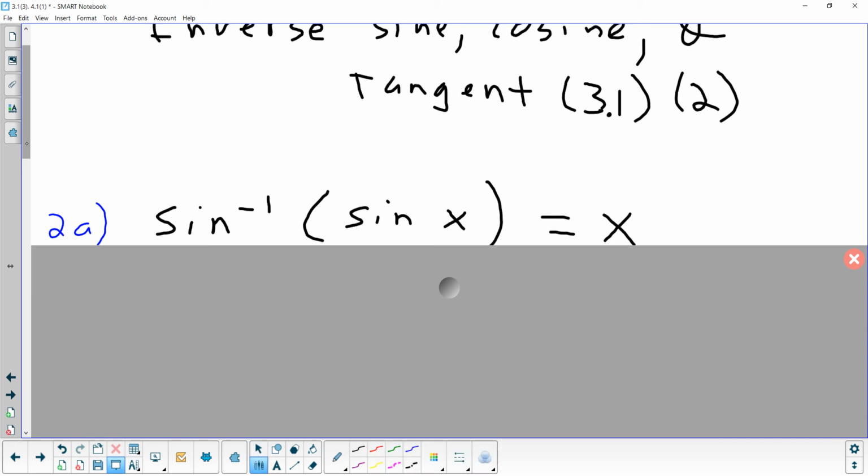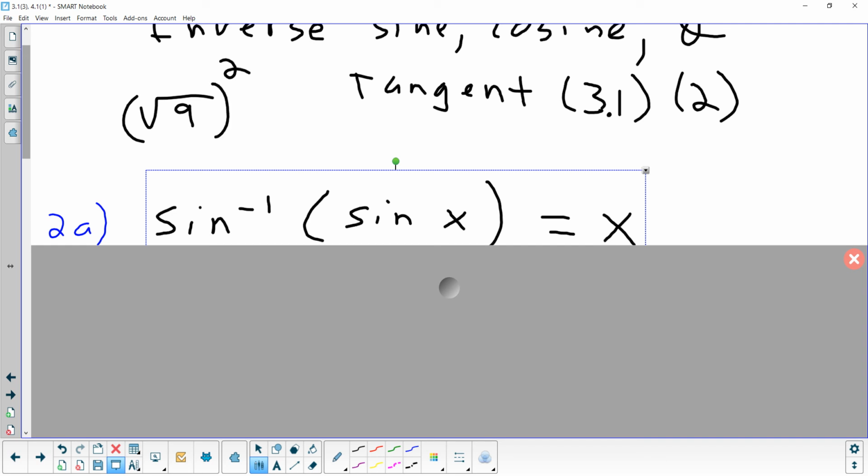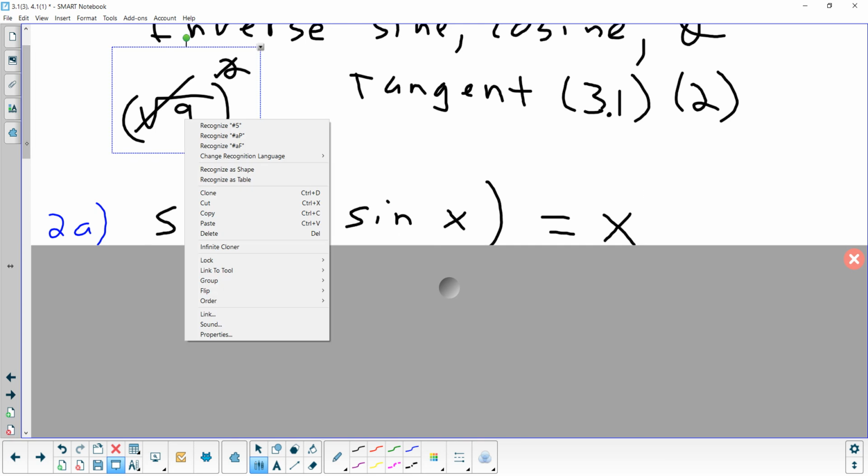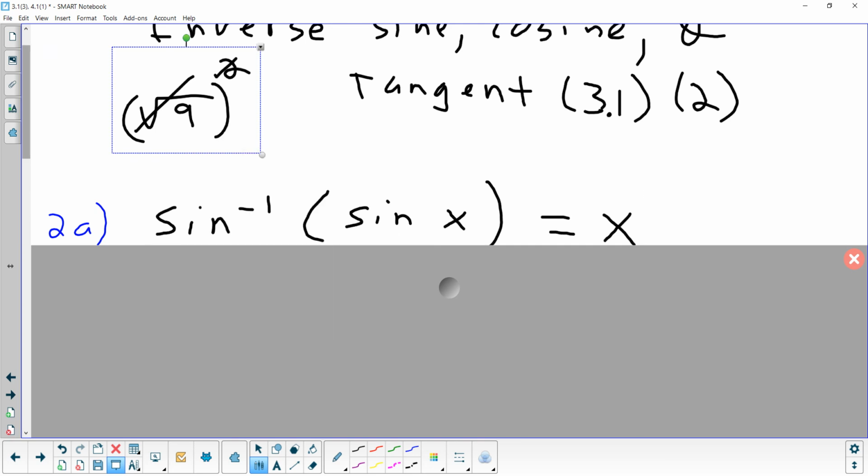So remember, we learned yesterday that if you do inverse sine and regular sine, it's kind of like if I said take the square root of 9 and then take that and square it. The square and the square root cancel each other out. And what you're left with is what you originally took the square root of, in this case 9. Well, same kind of thing happens here.